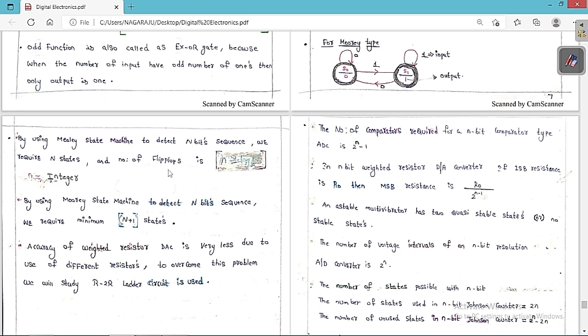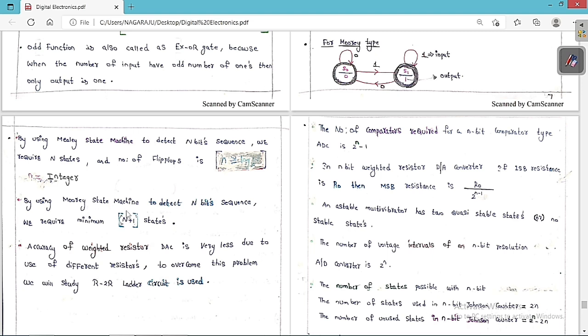The number of flip-flops satisfies 2 to the power of n greater than or equal to N. Therefore, if you apply log base 2 on both sides, we get n greater than or equal to log N with base 2, where n is the number of flip-flops, always an integer.